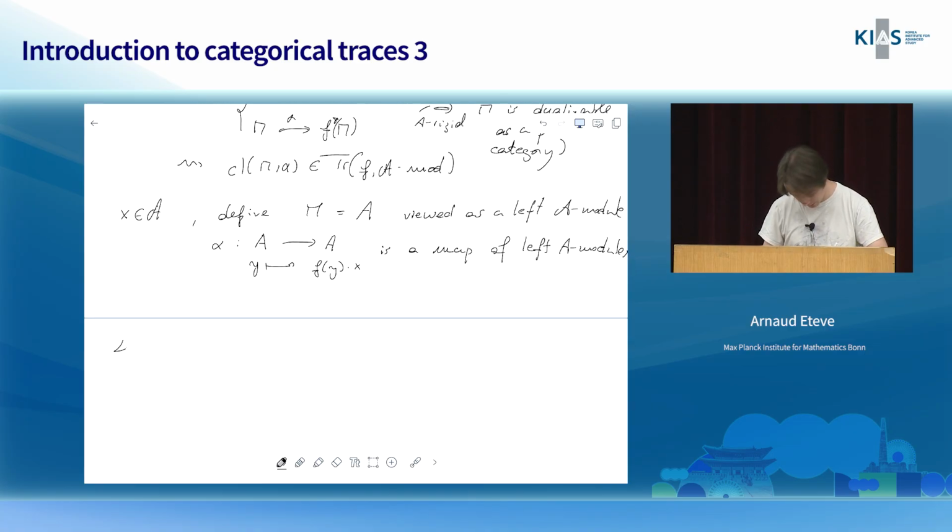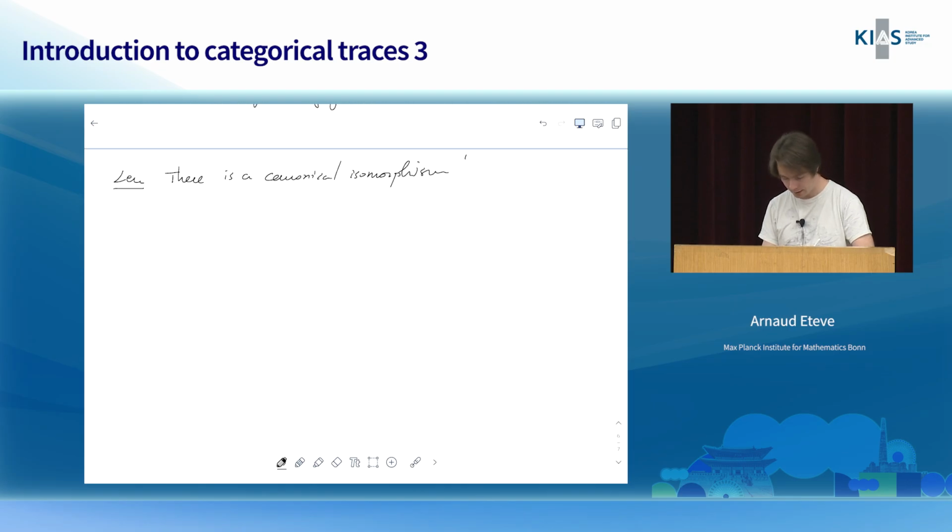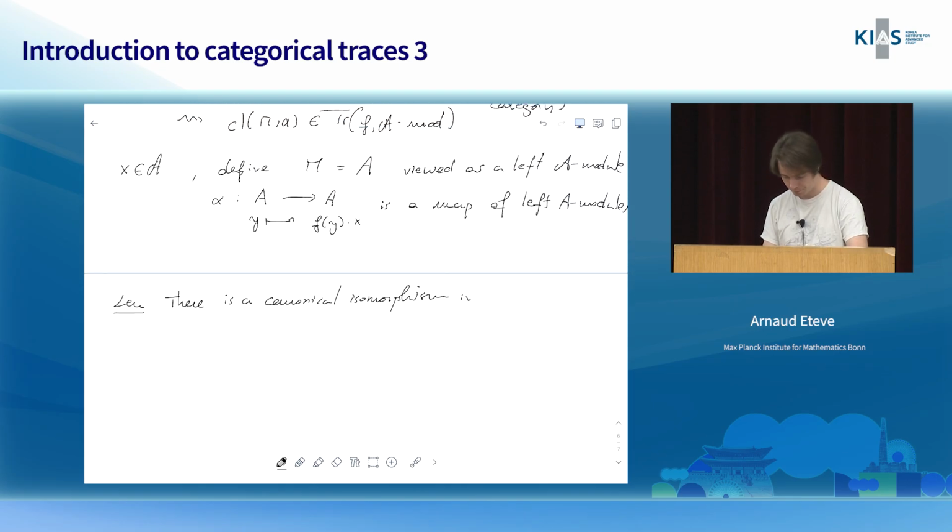All right, and so here's a lemma, which is a rather immediate calculation. So there is a canonical isomorphism in the category trace of F on A mod.